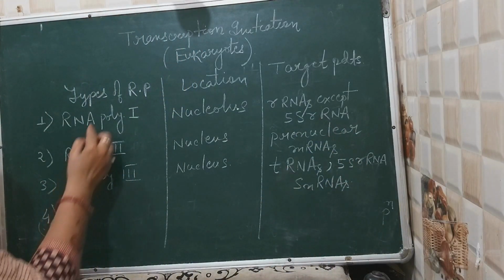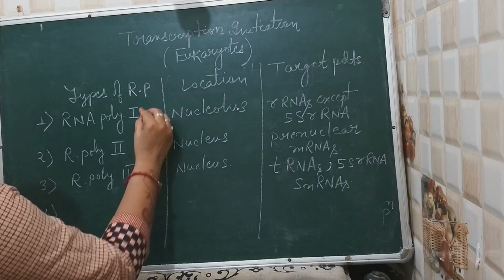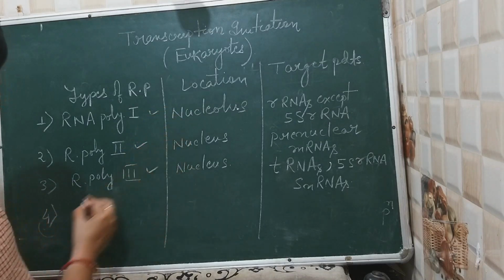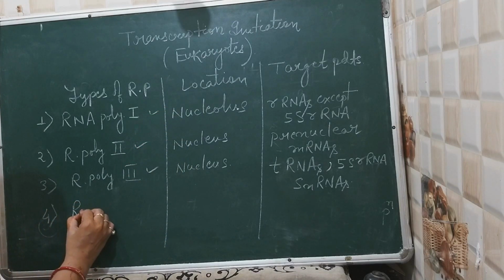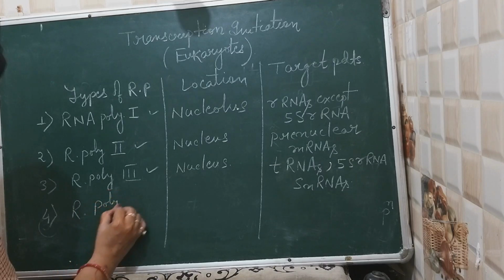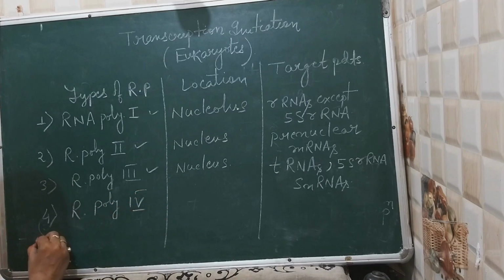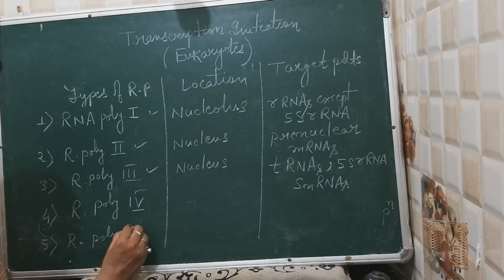In addition to these three types of RNA polymerases, type 1, type 2, type 3, there are two more, RNA polymerase type 4 and RNA polymerase type 5.